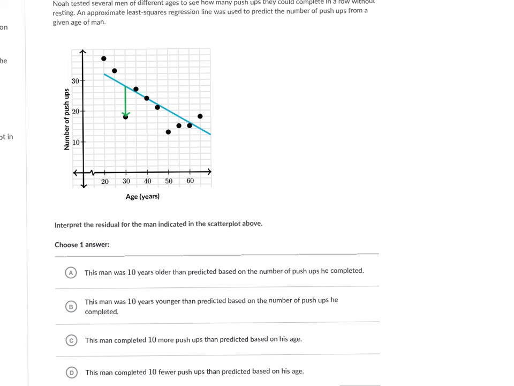So notice their residual is sitting here. They're predicted to be at this value right here. So they're predicted to be at 28. So y hat equals 28, but the actual number, y, is equal to 18.